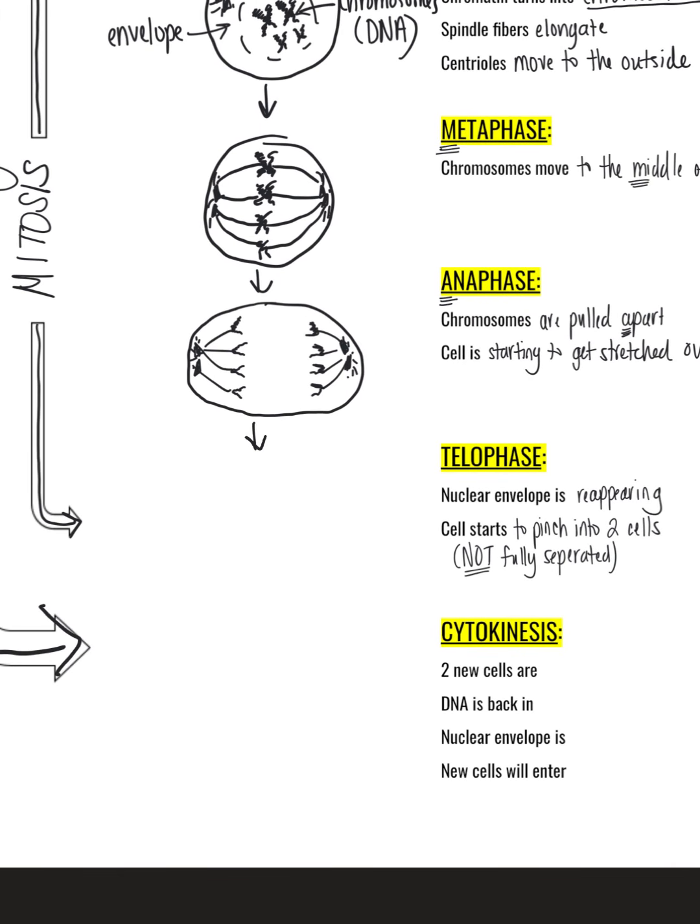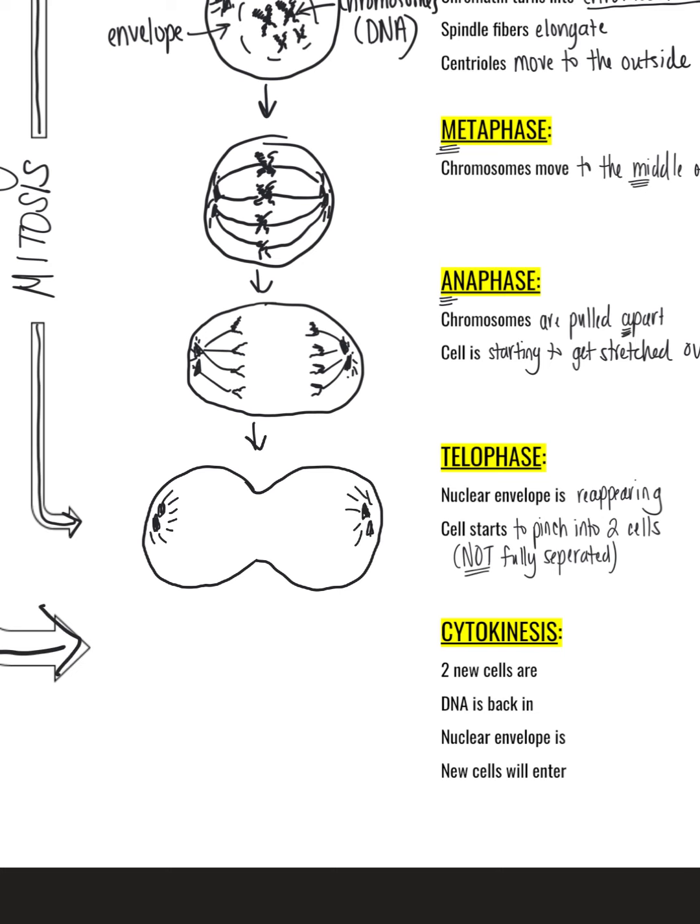Draw another arrow. So again, you can start to see those two new cells starting to form. You can see that those spindle fibers are shrinking.